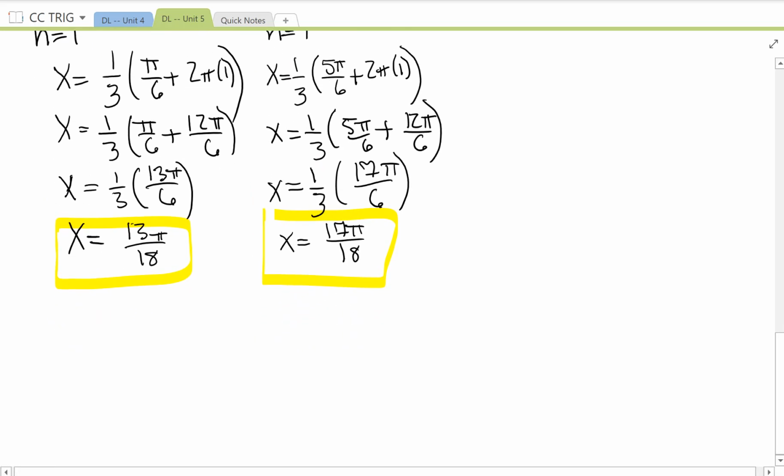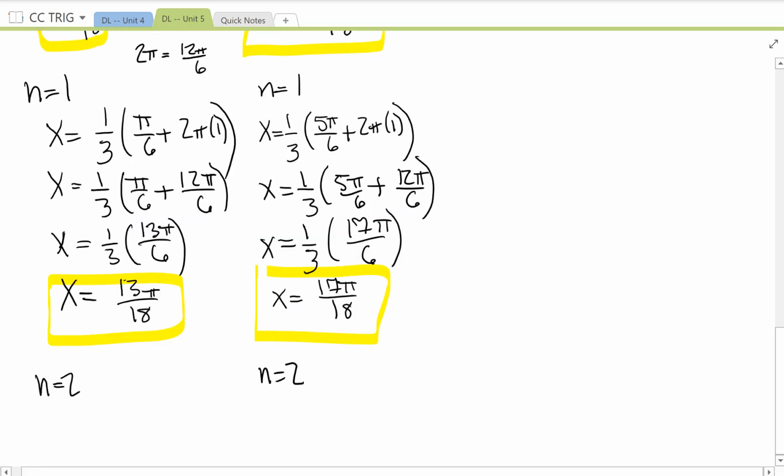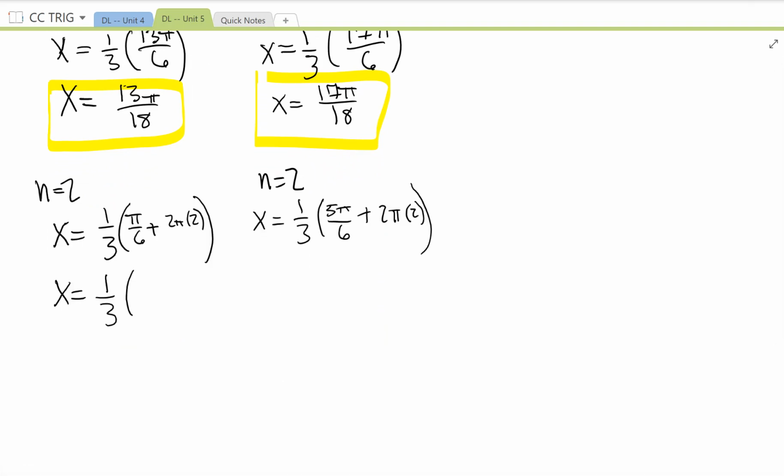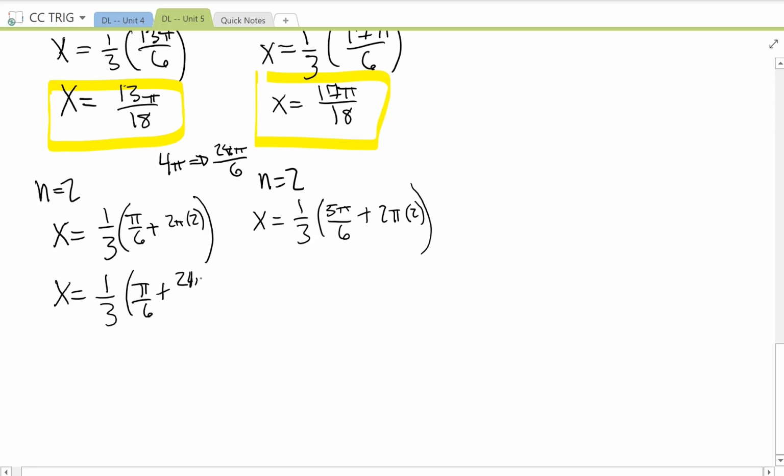So let's plug in n equals 2. 2 pi times 2 is 4 pi. I'll just show the steps. 4 pi with the denominator of 6 would be 24 pi over 6.